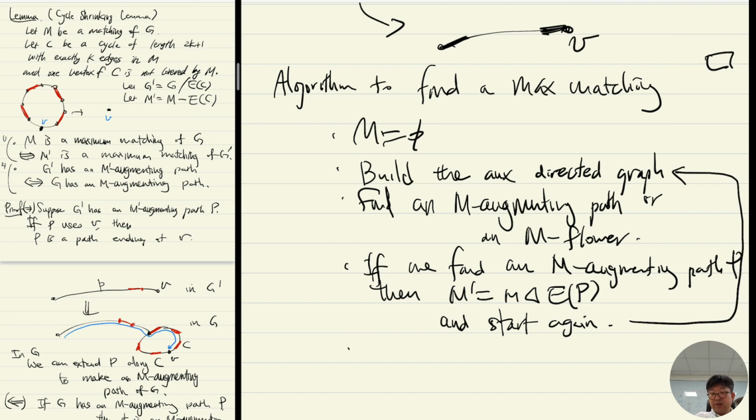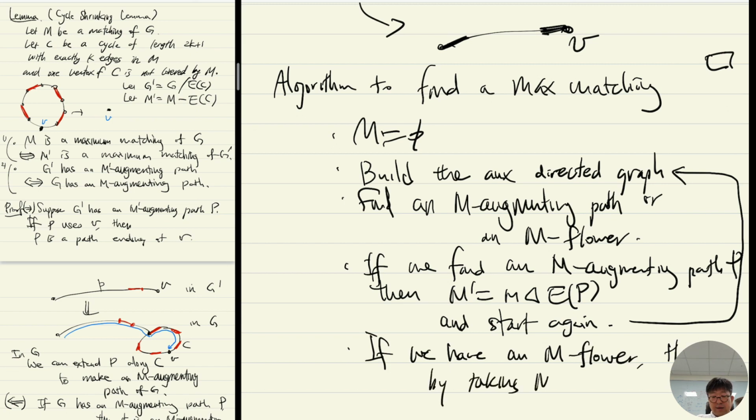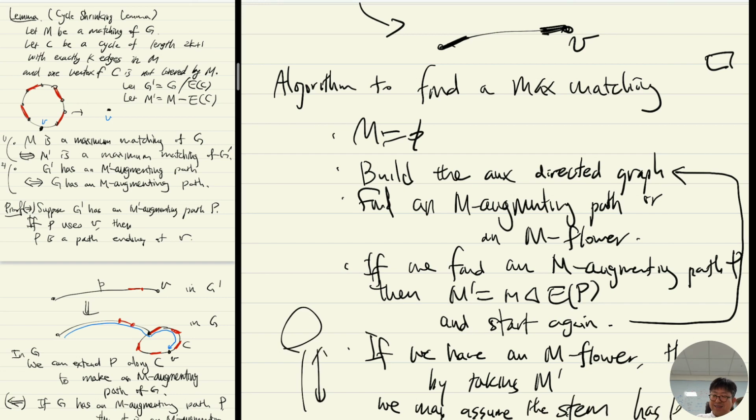So we can assume that there's an M flower. If we have an M flower, then by taking M prime, we may assume that the stem, if you have a flower, that's a stem, right, has length 0.